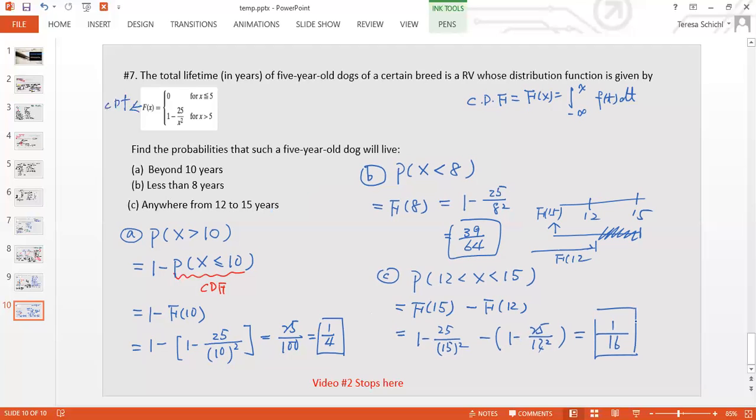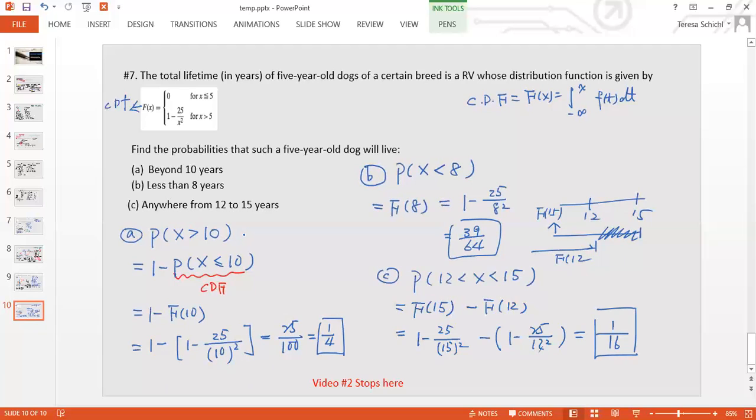So for these problems here, the key thing you learn from this problem, which seems easier than the previous 2 problems, right, is that every time you do a statistical word problem, try to write out the word problem as equations. Like we say, beyond the 10. What does that mean, beyond the 10? So write it out: X is greater than 10, right?